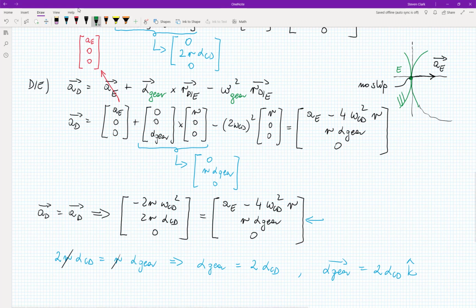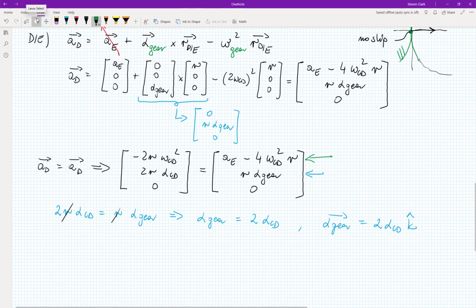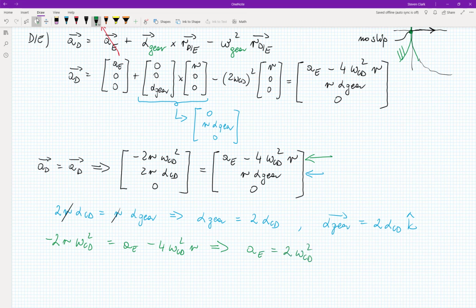Now let's have a look at the x components. In here we will find AE, which is equal to 2 omega CD squared R. And vector-wise, AE is equal to 2 omega CD squared R, 0, 0.